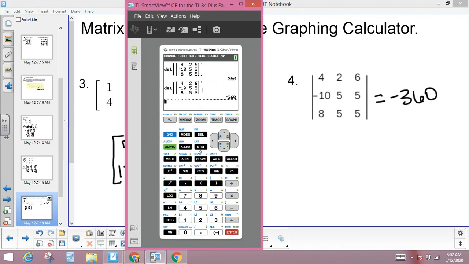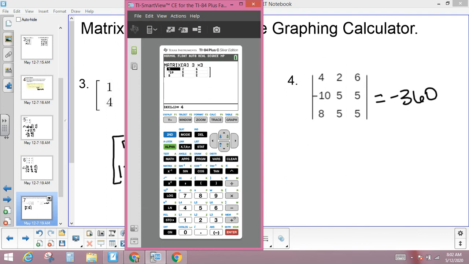All right, so if we're doing the second matrix way, we're going to go second matrix, go over to edit first, and type in your matrix. So this is a 3 by 3, and its elements are 4, 2, 6, negative 10, 5, 5, 8, 5, 5.